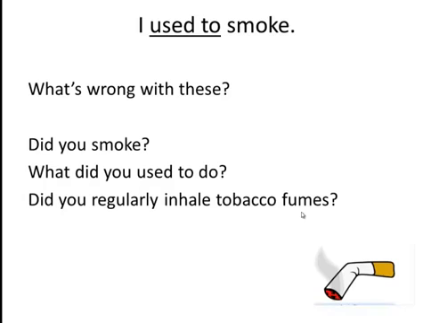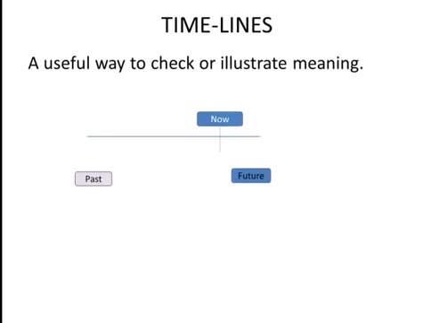One of the things that's helpful when you're talking about structures that have something to do with time are timelines. So these can be a good way to check or to illustrate the meaning, to show people what the meaning is. And a timeline is just a line like this, running from nominally past here to nominally future here. I guess that's because we write left to right, but it's just a convention.